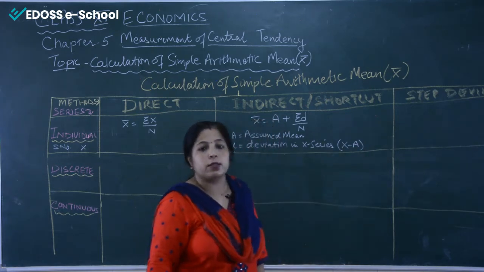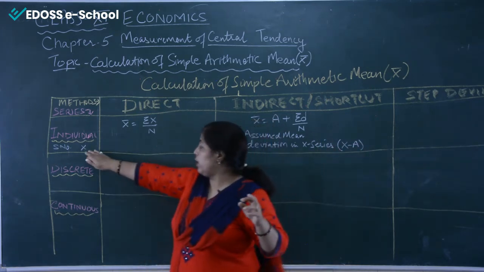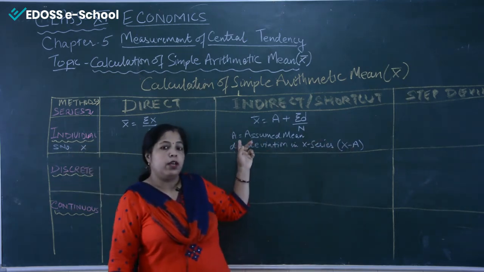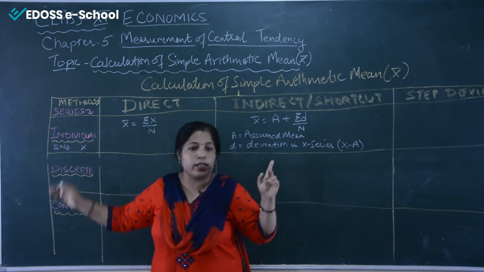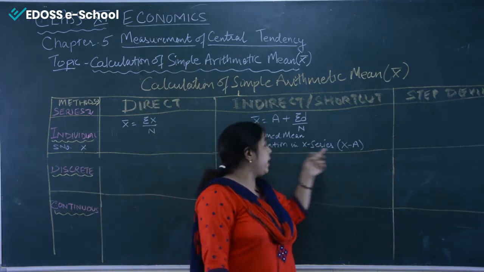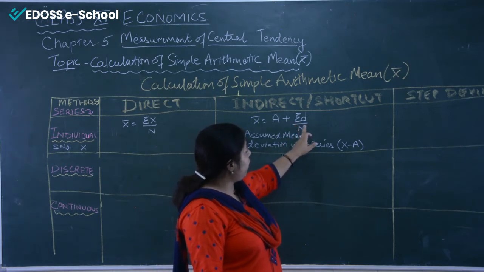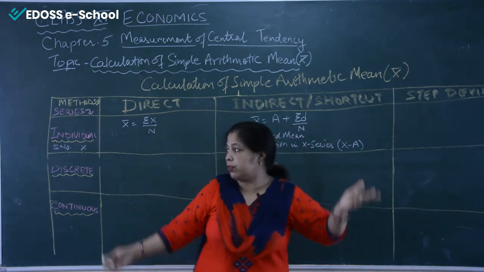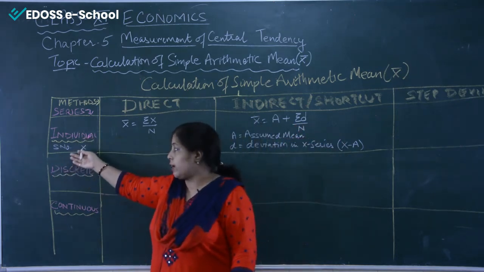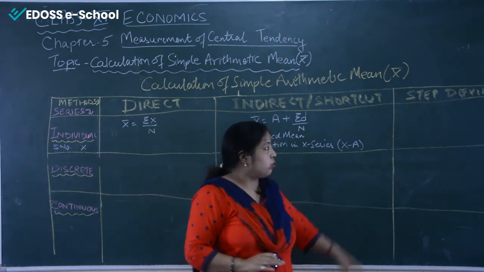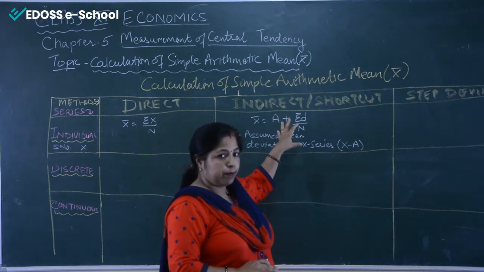By doing X minus A. X is the actual series given and A is the assumed mean. We will deduct A from every value of X series. Then we will get D. Any doubt? And here N is the total number of items which we have. As I told you, that we have 10 numbers, so N will be 10. So this is the second formula.